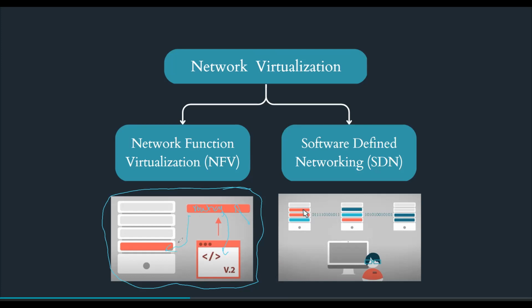The one good thing about this is that the virtual machines also can be updated as we need. We can remove software from here if we need, or else we can put any software we need onto this virtual machine, right?